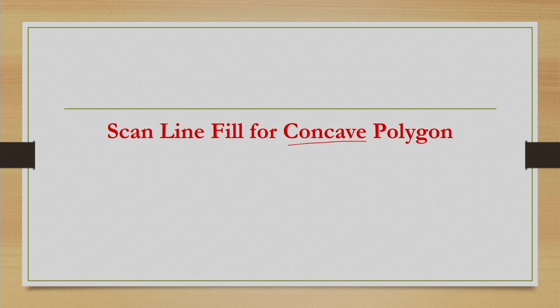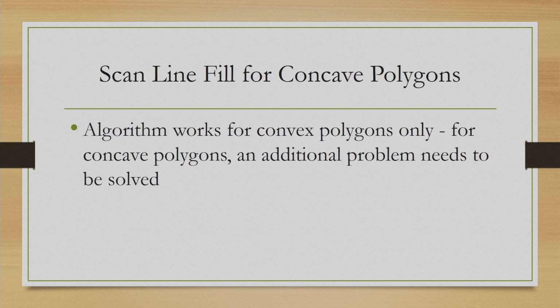So far, whatever explanation is given is based on the assumption that we are dealing with convex polygons. For concave polygons, it is not so easy to determine the intermediate pixels, and additional issues need to be solved before we determine the interior pixels.